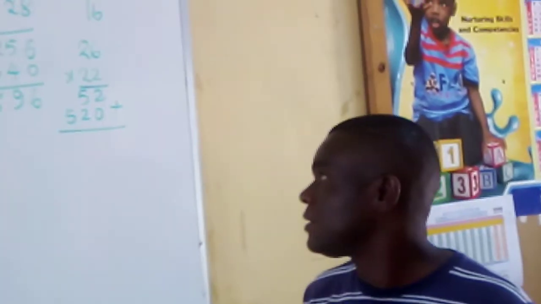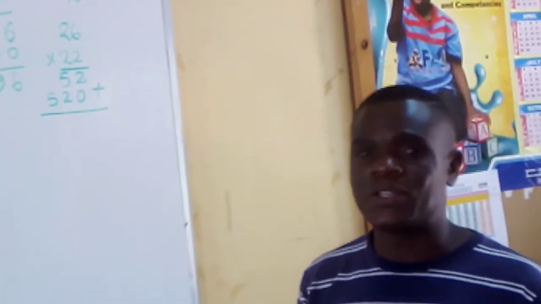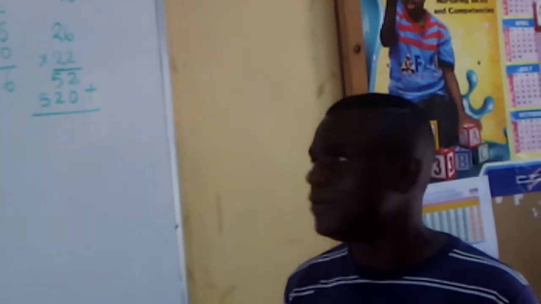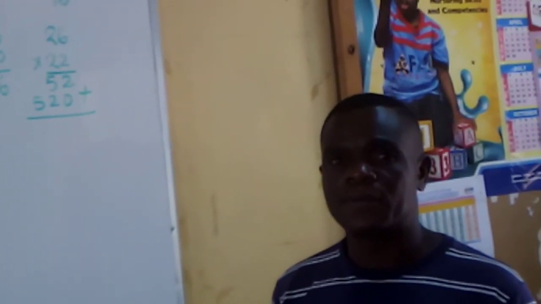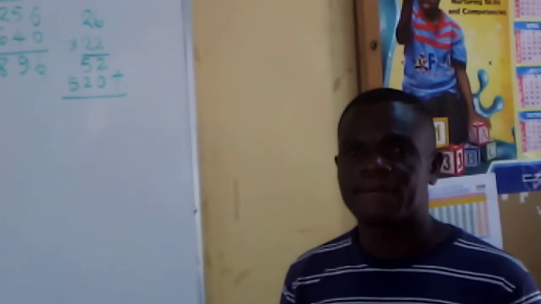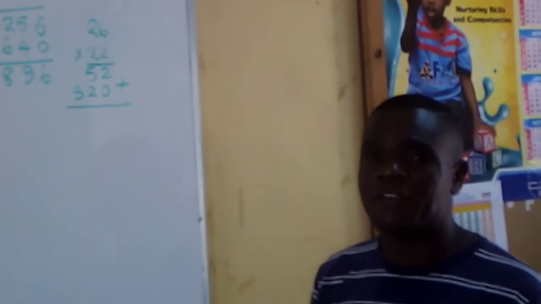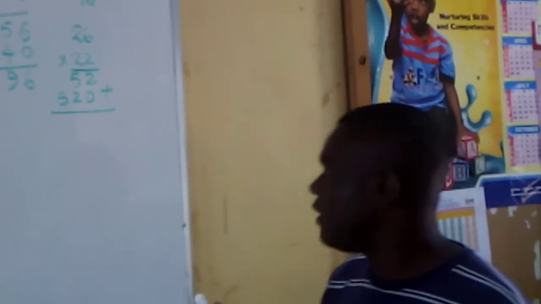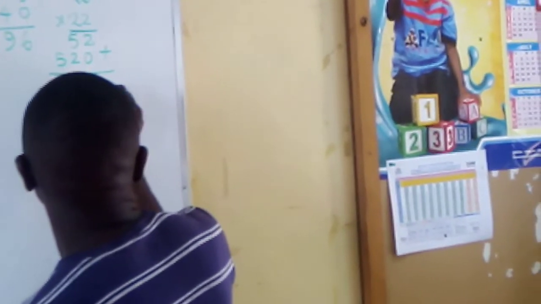Shama, what is 52 plus 520? Take your time. Very good. 52 plus 520 is 572.